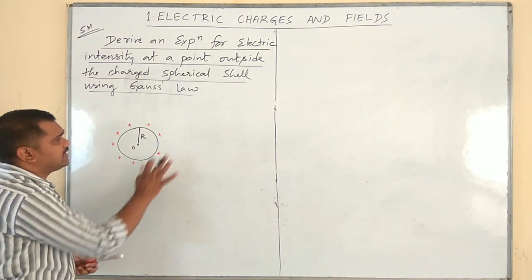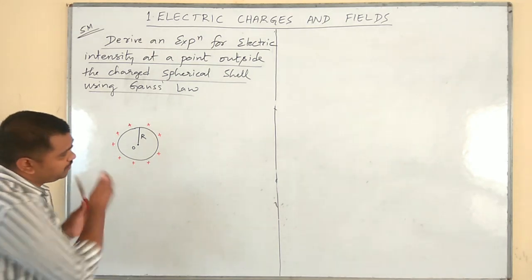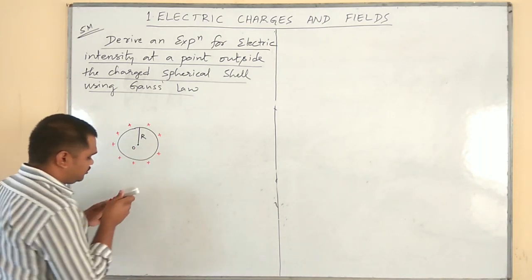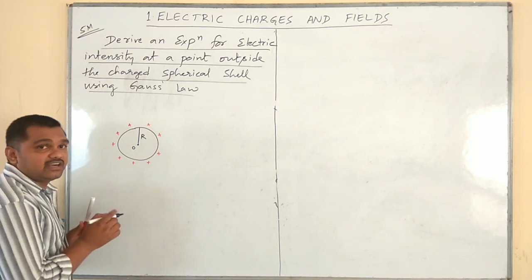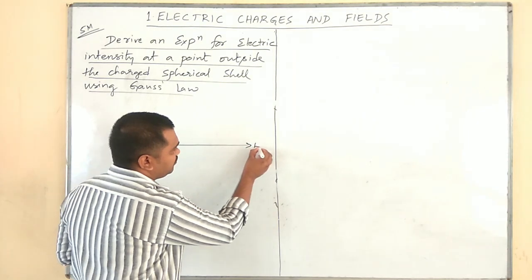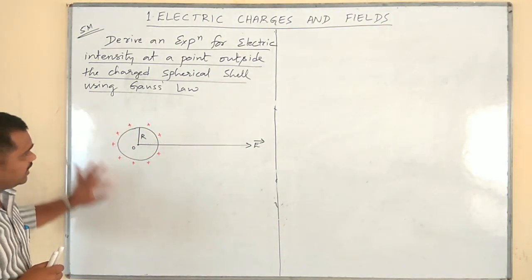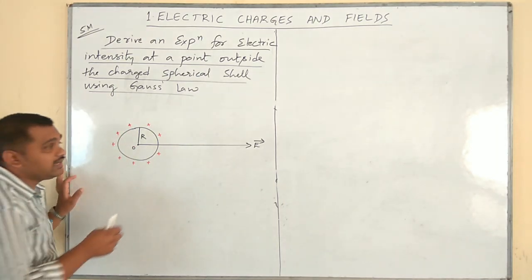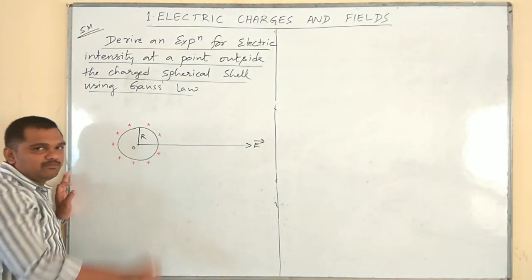Since positive charges are present on this shell, what is the direction of electric field? It will be outwards, as given by Coulomb's concept, which says that Coulomb's force is a central force. Therefore, I will take the direction of electric field from the center of the spherical shell, outwards. In place of positive charges, if negative charges were there, the electric field would be from infinity to this center.